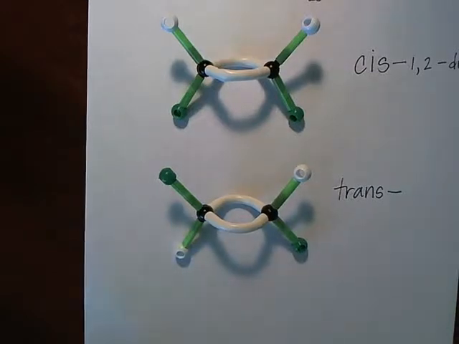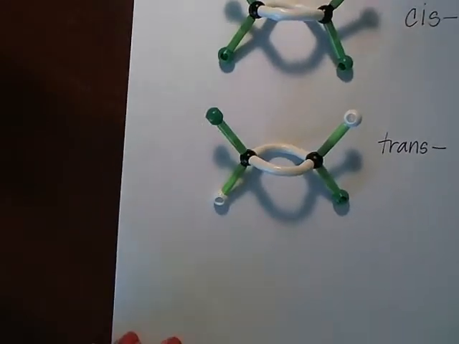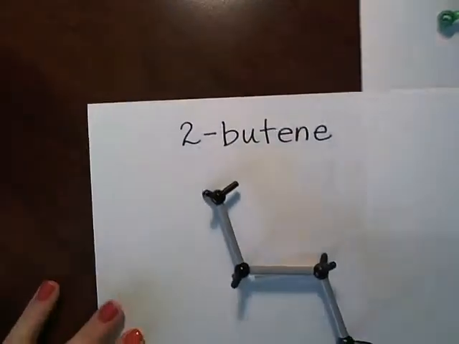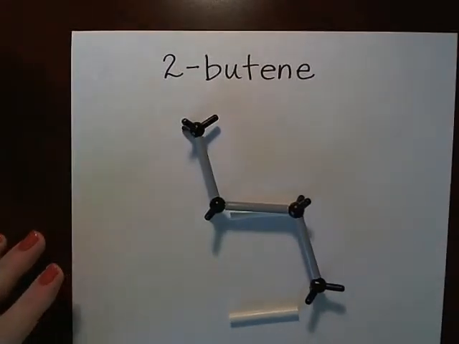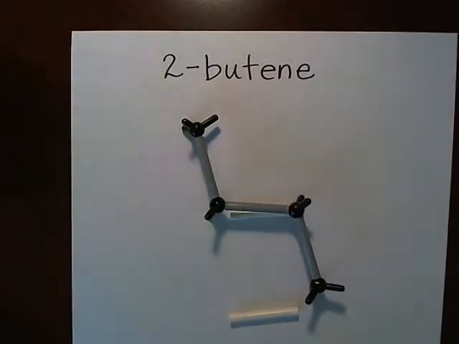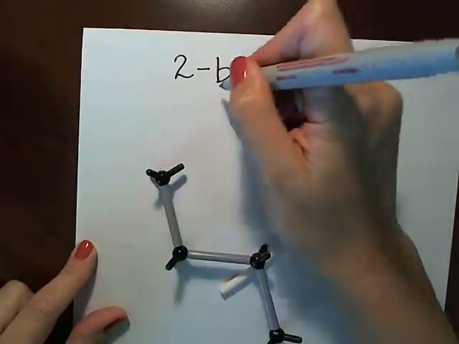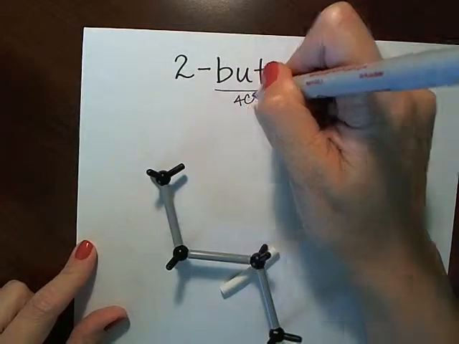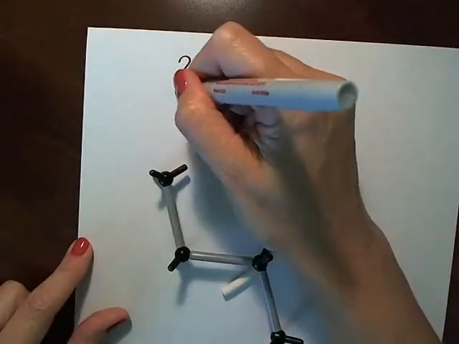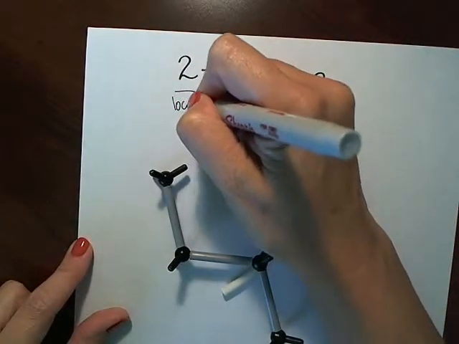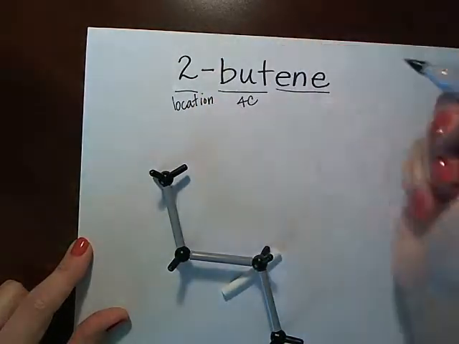All right, just another example, we can look at models here for 2-butene. So we know we have a double bond. We know there are 4 carbons involved, and this number here tells us the location of the double bond.